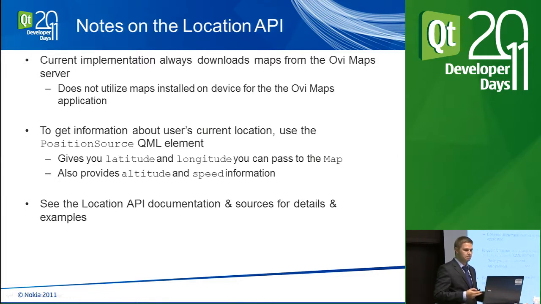And that's how easy it is to implement something that uses a map in a QML application. And we actually have an example of that if you have checked the source repository for the demo application already.